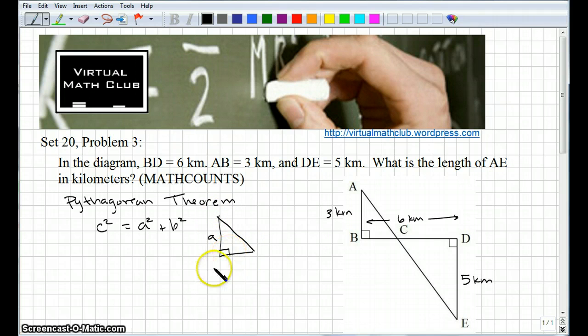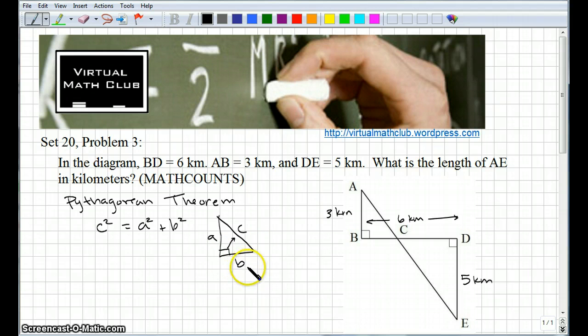Let's pretend that's a right angle, and c is the hypotenuse. The hypotenuse is always the longest side, and it's the side opposite the right angle. So you need to know the Pythagorean theorem. That's the main thing.